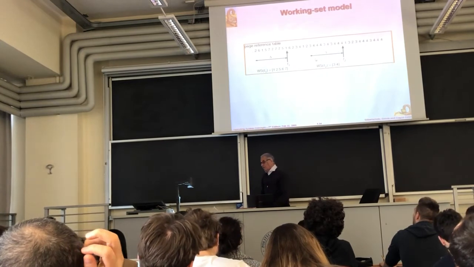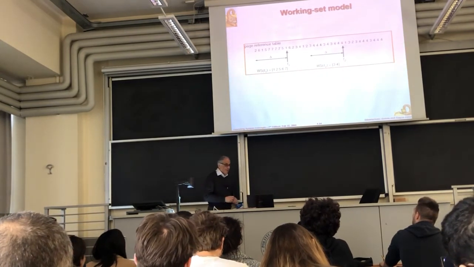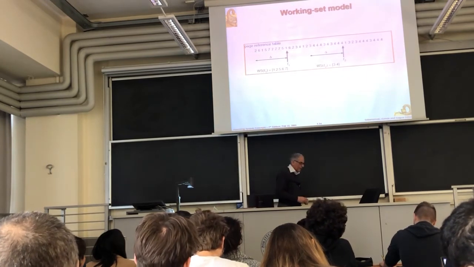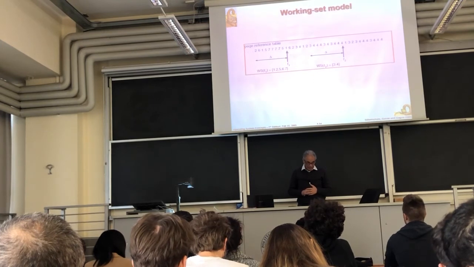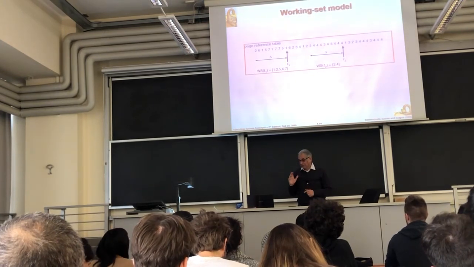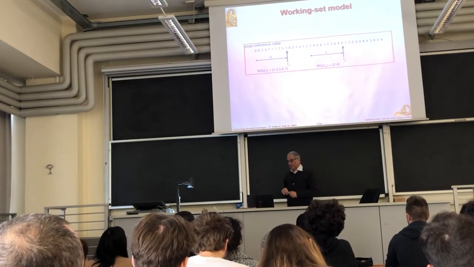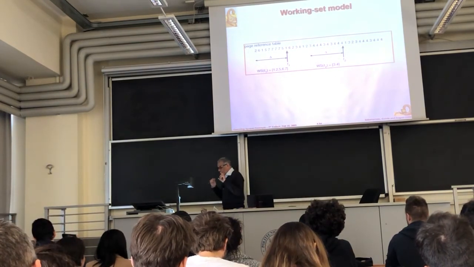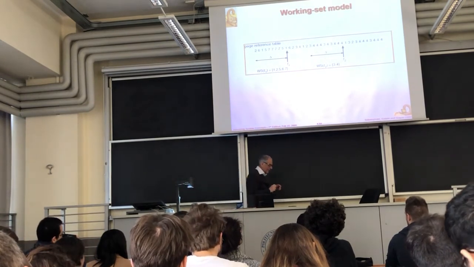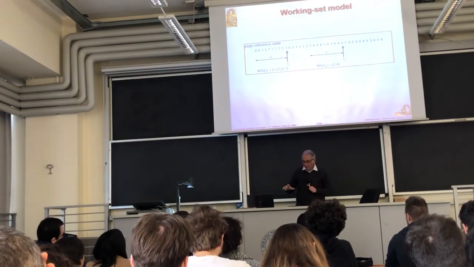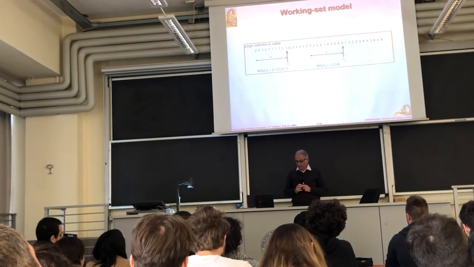Okay, so it means that if we use an algorithm looking for a fixed interval in time in the past, we have changed essentially the way of counting the page fault. How?